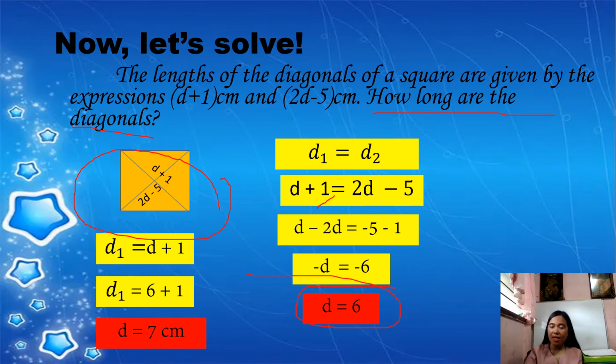And since diagonals of a rectangle or a square are congruent, it follows that the other d is also 6. Let us check. 2d minus 5. So 2 times 6, the value for d, is 12 minus 5. So that is still 7. So the diagonals of the square measure 7 centimeters.